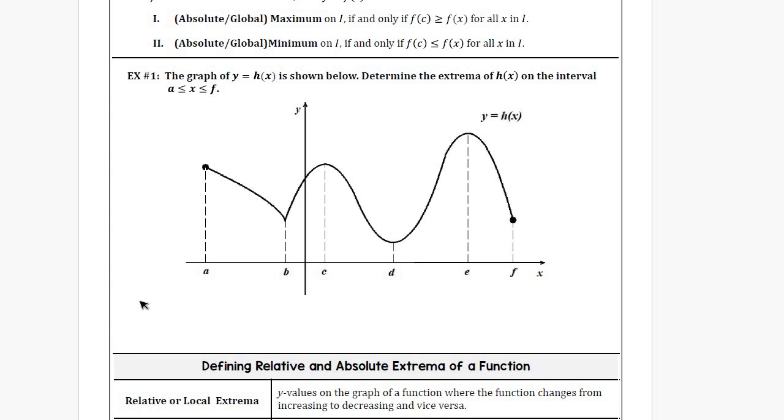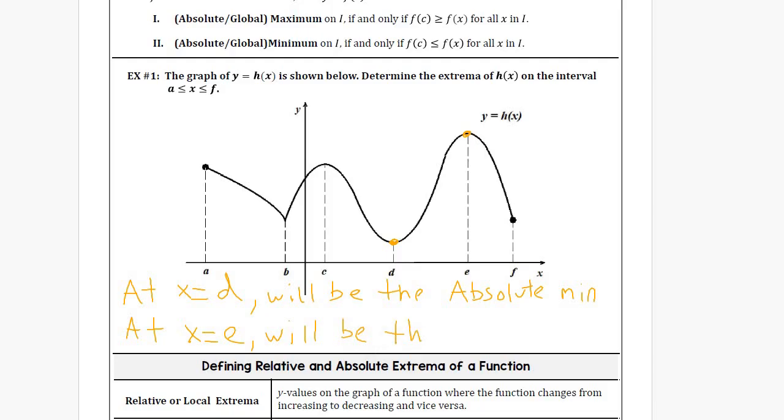Note that if I am looking at the lowest value of any of my values, x equals d will be the absolute minimum, while x equals e will be the absolute maximum.